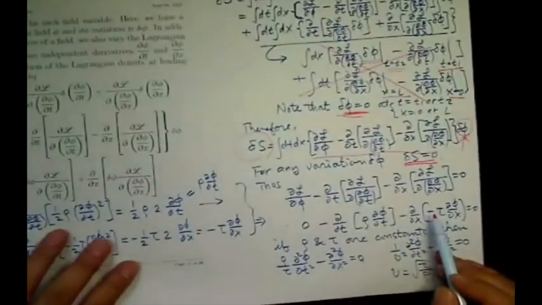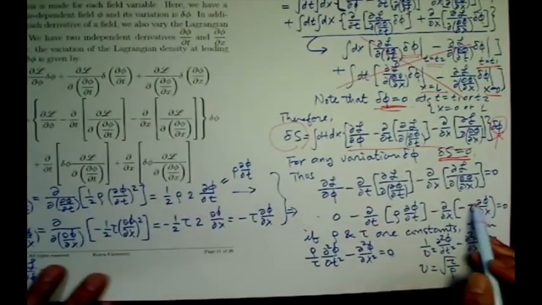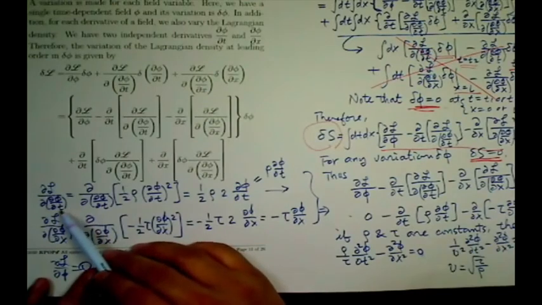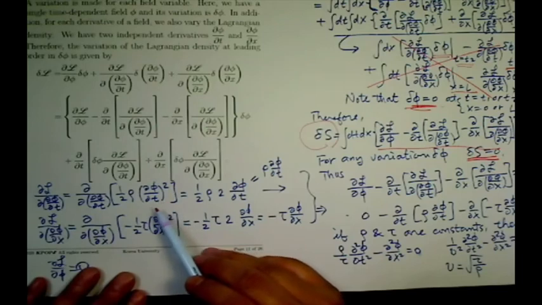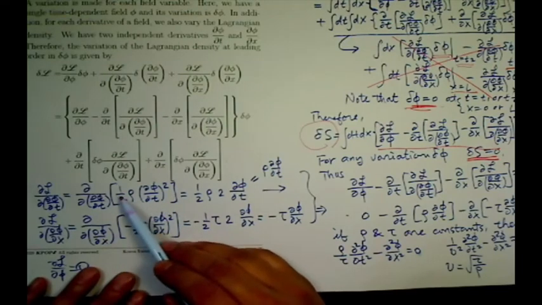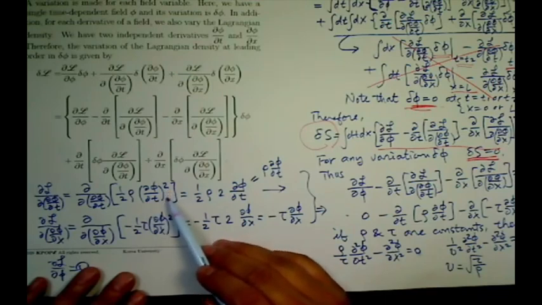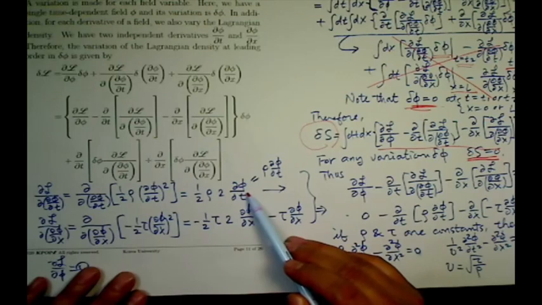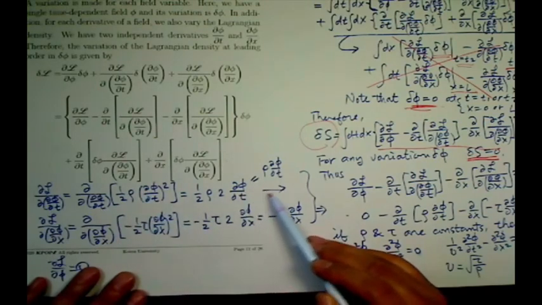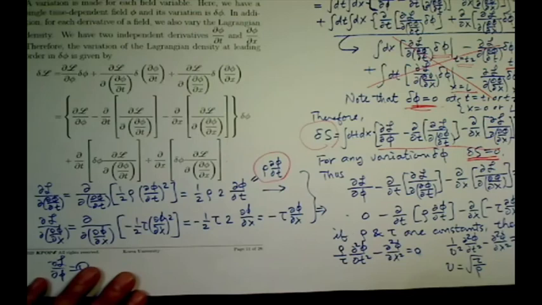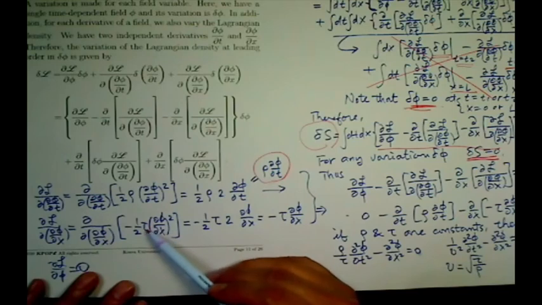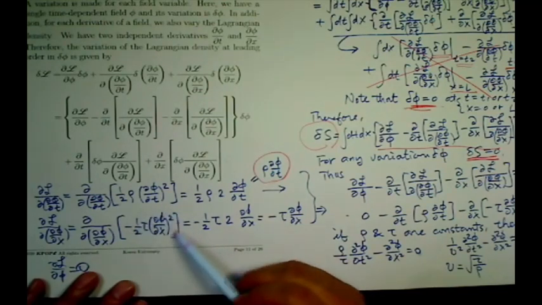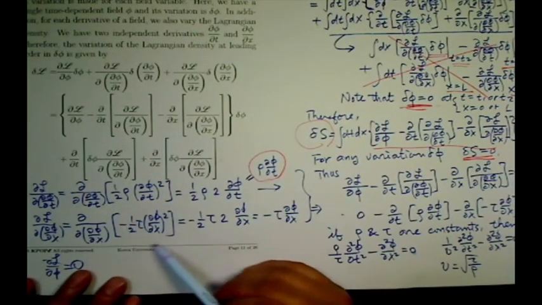Let us make use of the Lagrange density. This derivative should be done by making use of the chain rule. We have one half rho, which are constants, and by the chain rule it is two times this one, right? And then this one is the same, so that's fine. So that's rho times the time derivative of the field. In the case of x, we have the x derivative dependent piece, that is the potential energy.